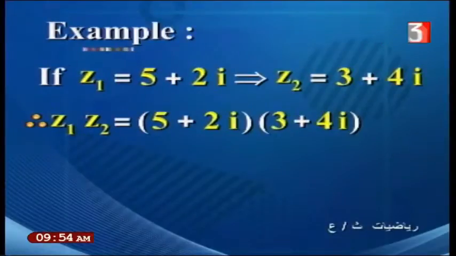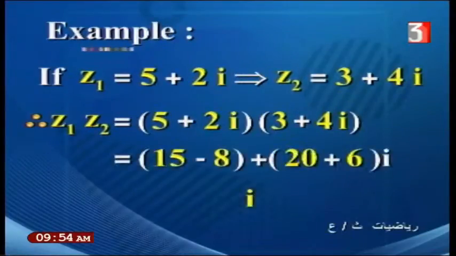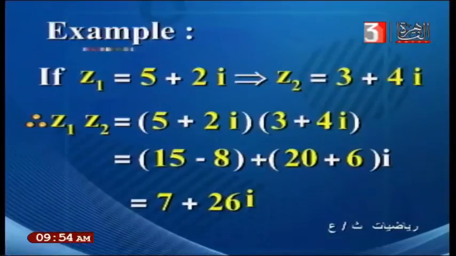Real times real, imaginary times imaginary, and find two means, find two extremes, and add like terms. Therefore, my dear student, 5 times 3 equals 15. 2i times 4i equals 8i squared, which equals negative 8. Why? We know that i squared equals negative 1.